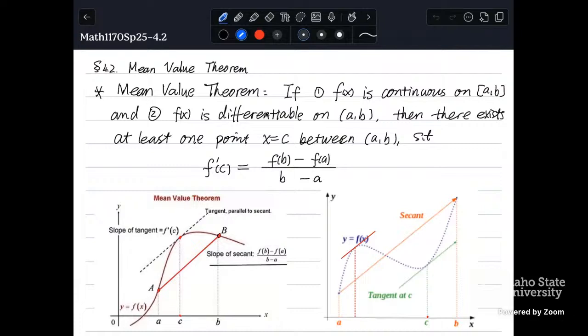The conditions for the mean value theorem are that the function is continuous on the interval and differentiable on the interval.